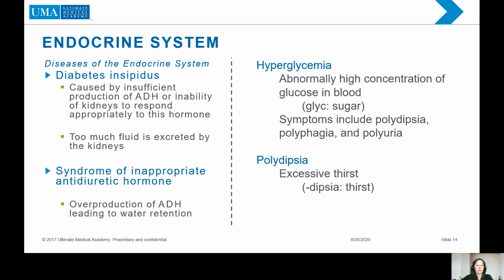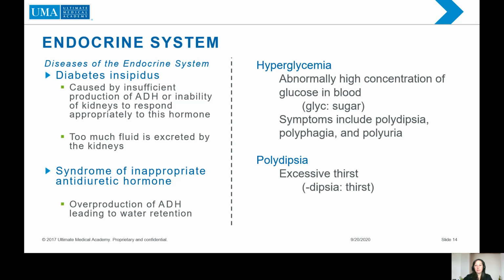And this is causing diabetes insipidus. So there's too much fluid excreted by the kidneys. Syndrome of inappropriate antidiuretic hormone. This could be overproduction of your antidiuretic hormone, leading to water retention. So, a lot of swelling could occur with this.